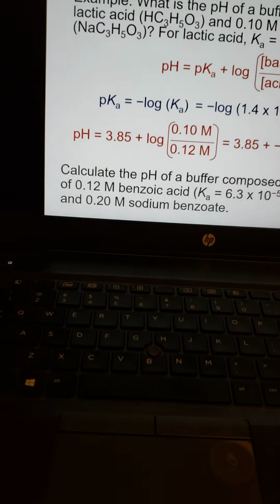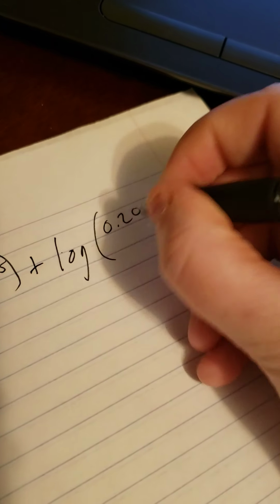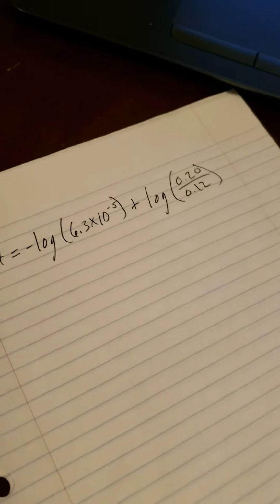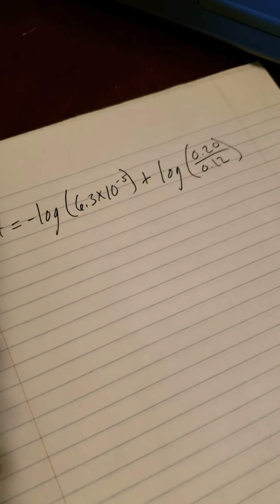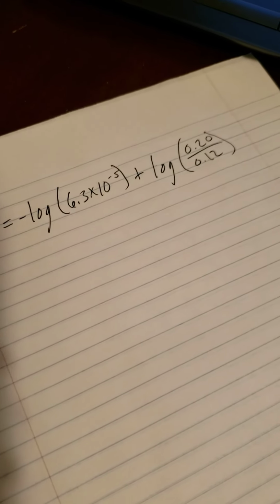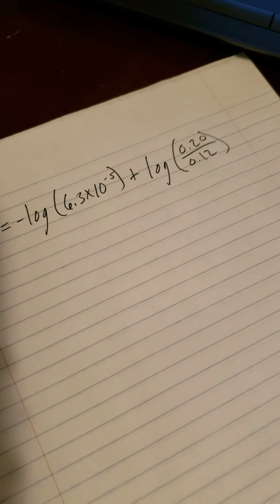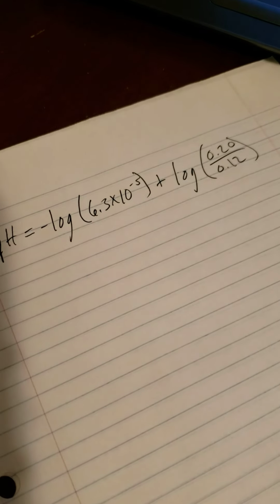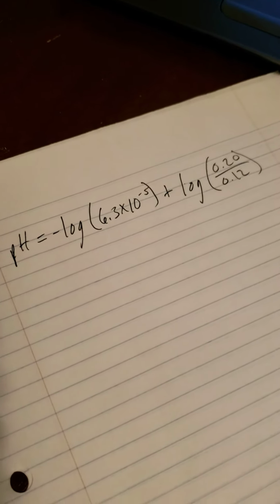So base is 0.2, acid is 0.12. If we put all of that into our calculator, negative log 6.3 e to the negative 5 plus the log of 0.2 divided by 0.12, we get 4.42.